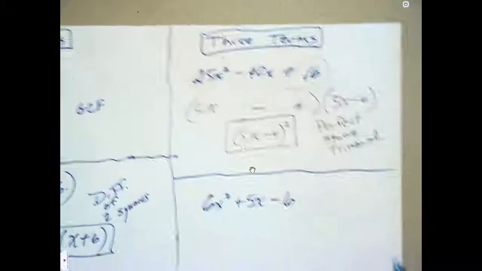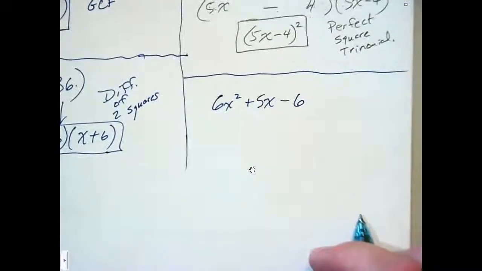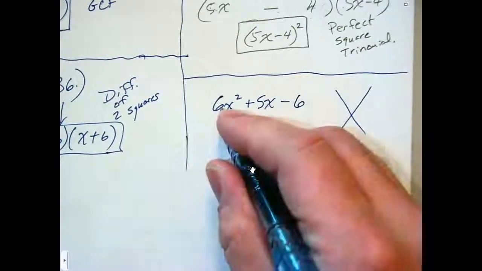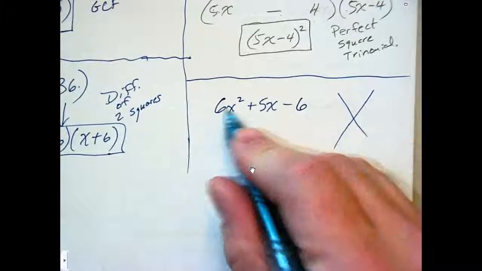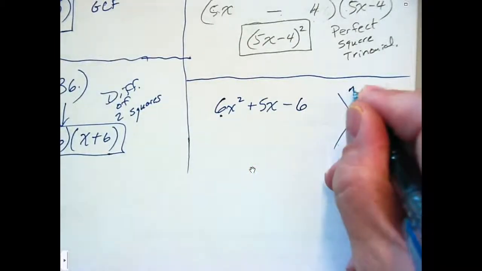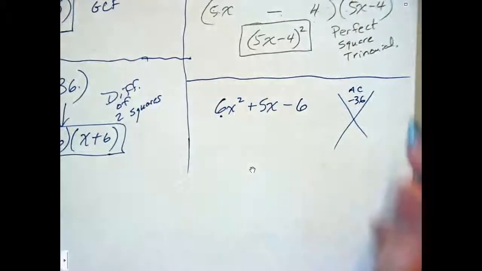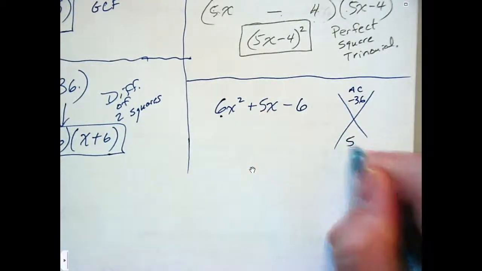Yeah, I think that'll work. Okay, we just use general factoring. They're not perfect in front or back, so we need two things that multiply to make a times c, negative 36, and add up to positive 5.